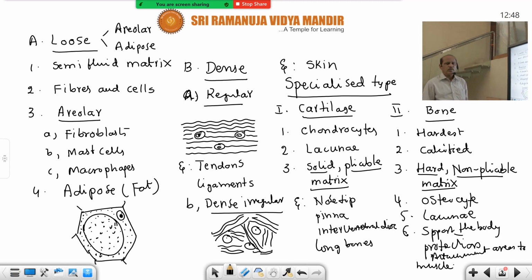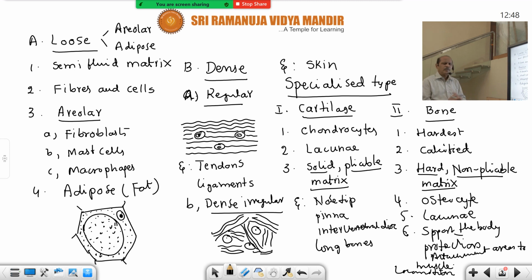Both muscles and bones work in a coordinated fashion and permit all permissible movements. So protection, attachment areas to muscles, and locomotion are the most important functions of the bones. So this is about the bony tissue.